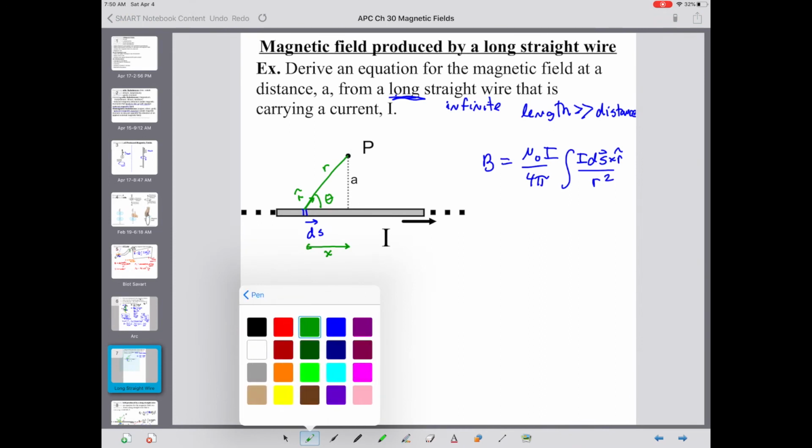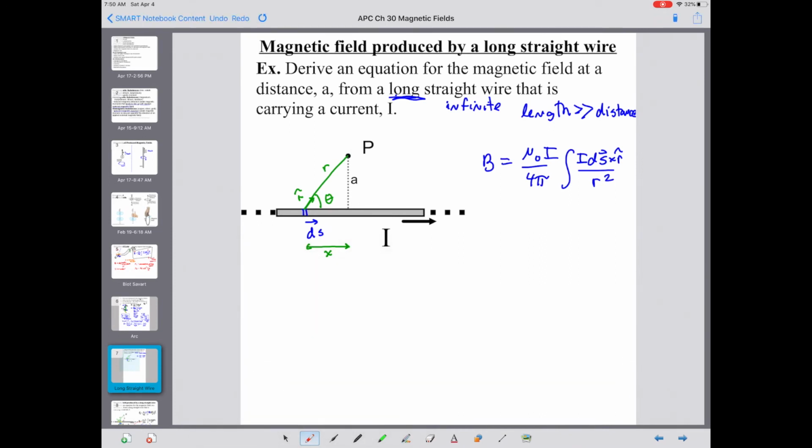Now, I did use X there. Good decision, bad decision, I don't know, we'll see. But that would mean this ds that we just wrote would actually be more appropriately named a dx. That sets up the variables.